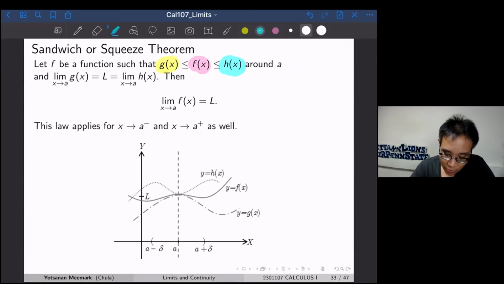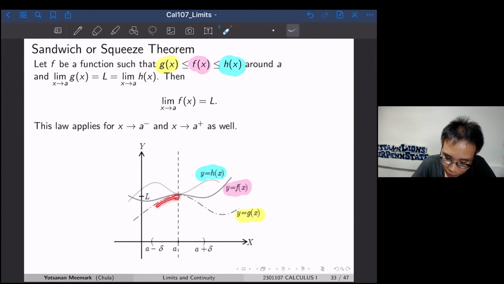It's going to be in this picture that you have your function f(x) in the middle, you have h(x) on top, you have g(x) on the bottom. Okay, so you have f(x) between h(x) and g(x), and you see that the limit as x goes to a of h(x) turns out to be equal to L from both sides.